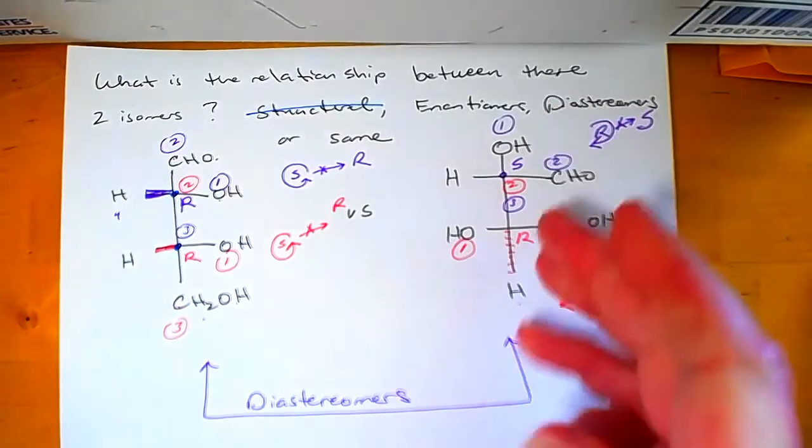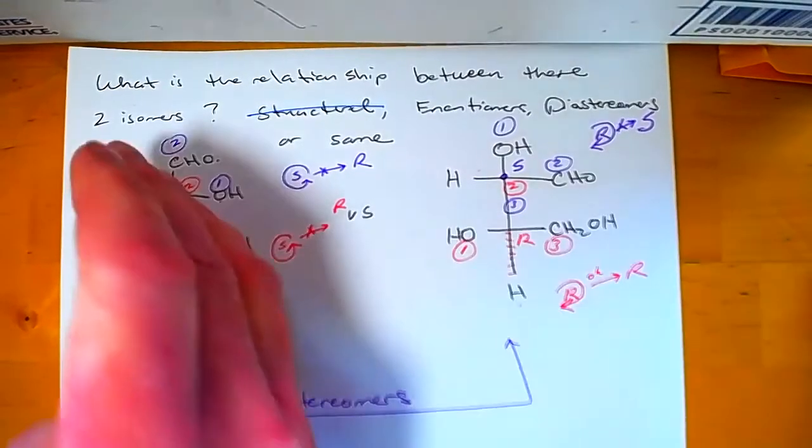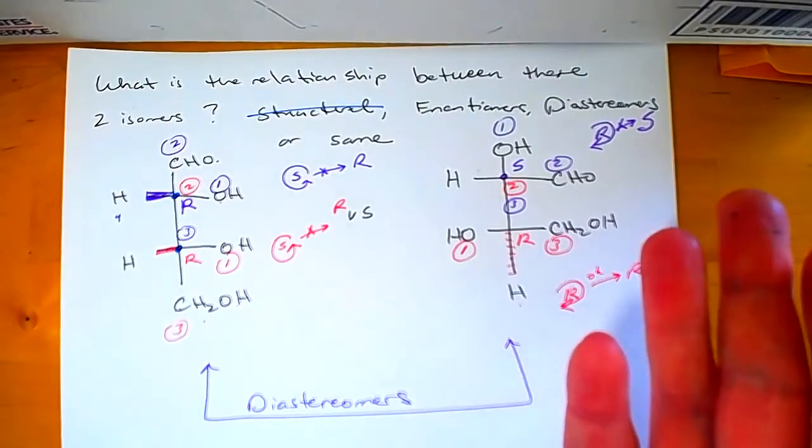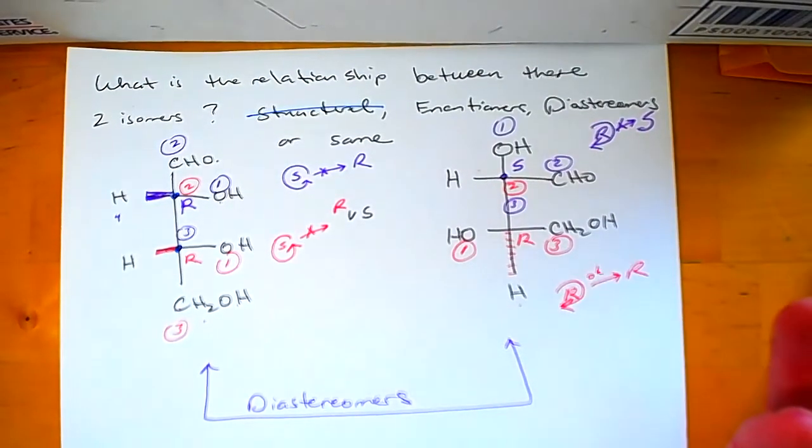If I had found out that this was SS with the RR, then I know that's a mirror image. And if those two centers had both been R, then I know they're the same compound. I like doing them that way because it helps to reinforce R and S, and that's really useful in being able to not only name, but also differentiate between isomers.